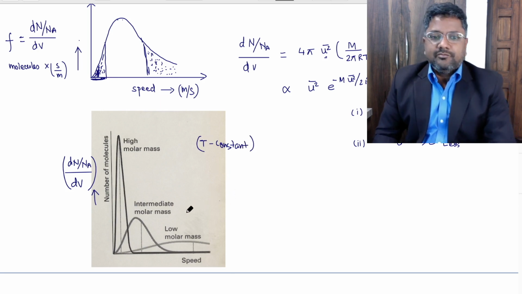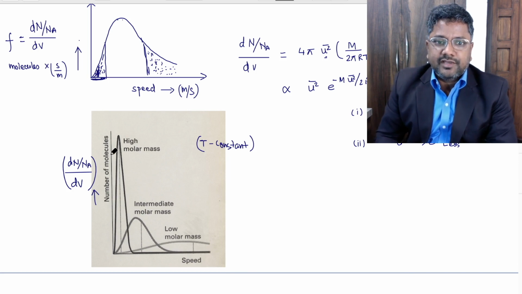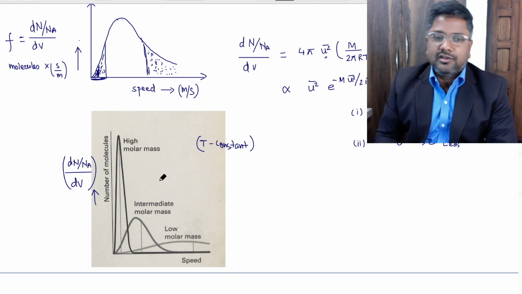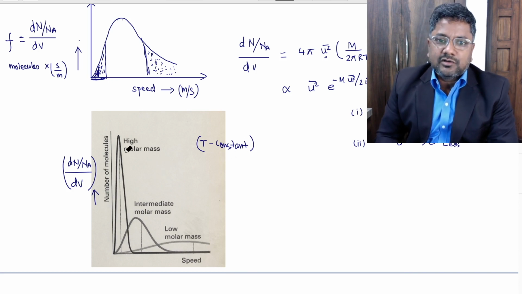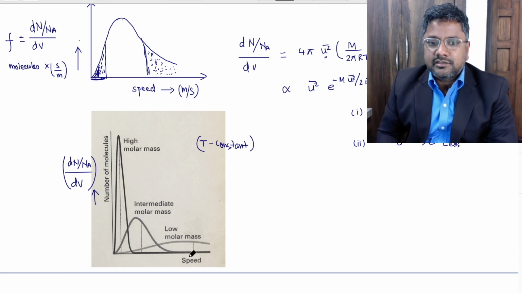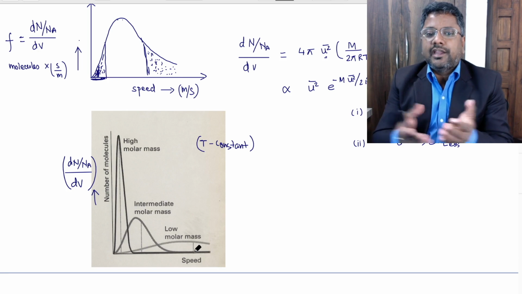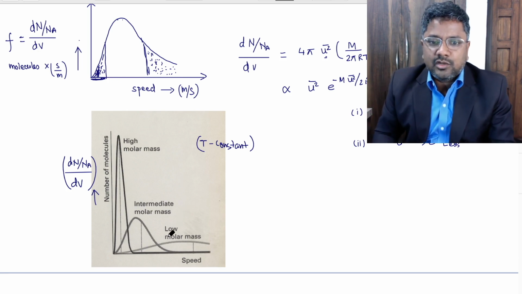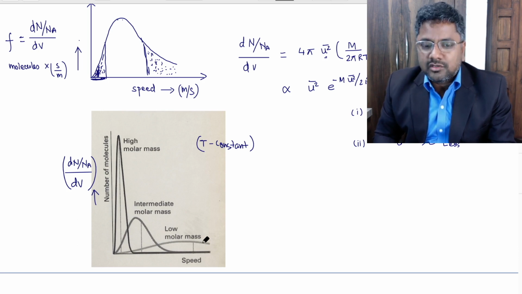So at a given temperature, this is the variation of the fraction of molecules with the molar mass. For different gases, a high molecular mass gas has a sharp and narrow peak, and as the molar mass decreases, the range of speed is more, so it becomes broader, and more broader.